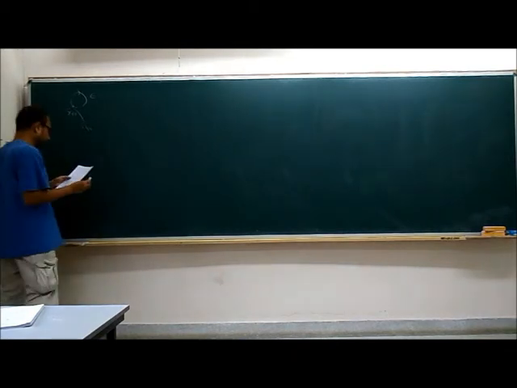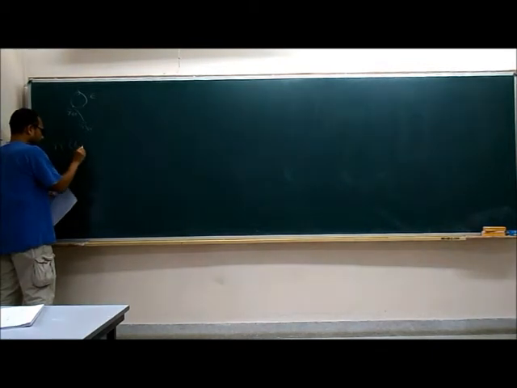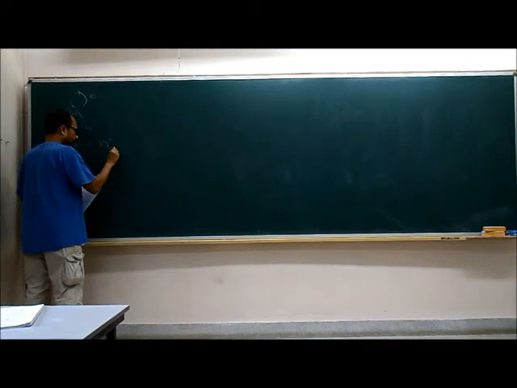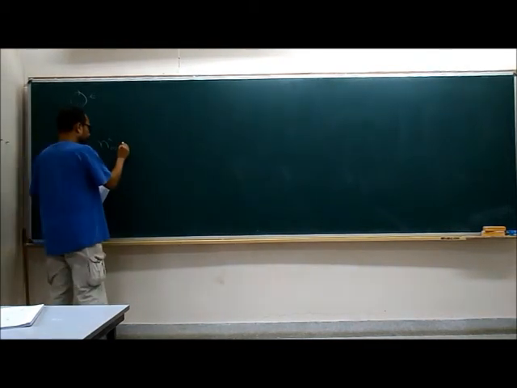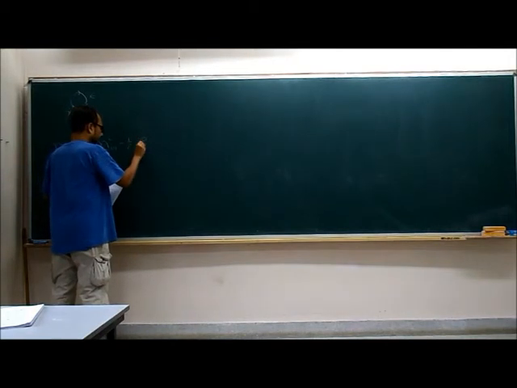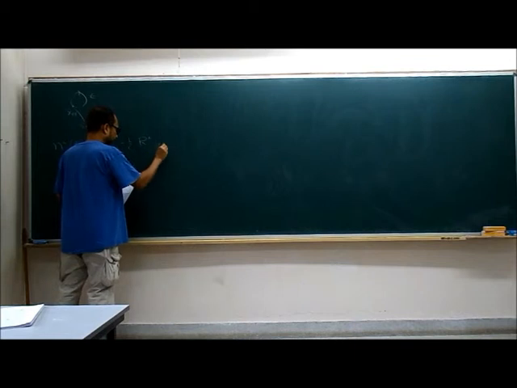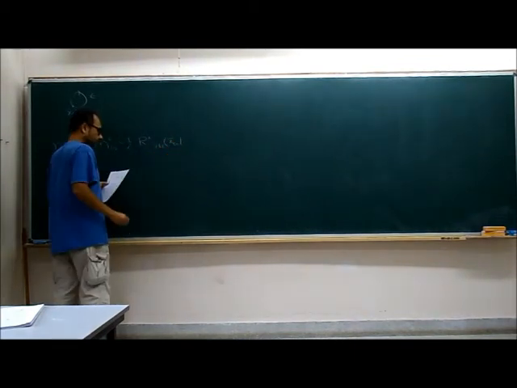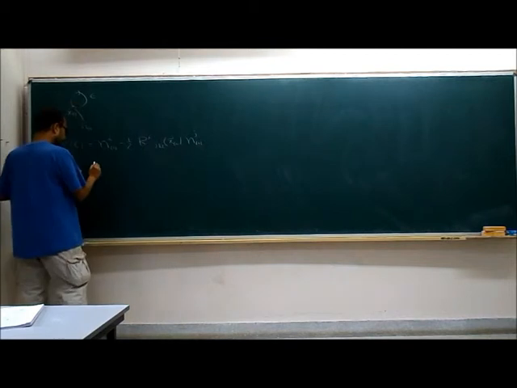And the result was the following. n^i of epsilon was given by n^i naught, this is the original vector, minus half R at x naught times n naught, and then you had an integral.